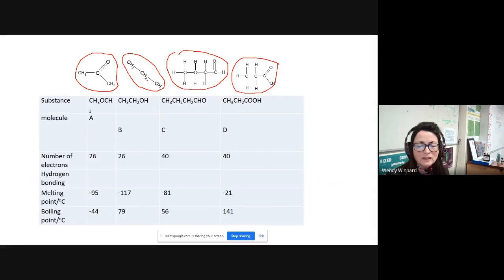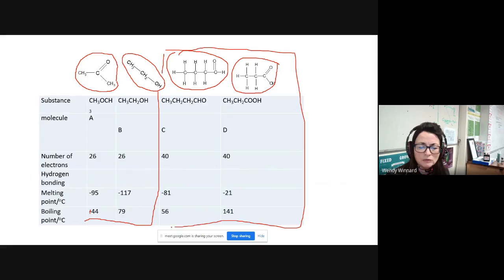Don't worry about the organic chemistry of them. But we've got these molecules, and let's compare. We've already compared these two first of all, and that boiling point should say plus 44. We've compared these two, but what about these 2 molecules here?